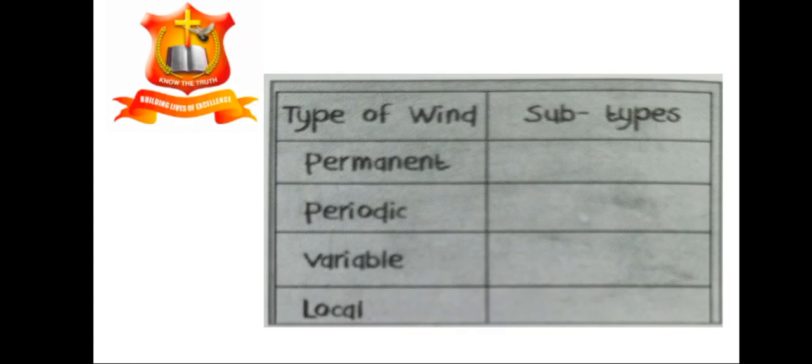You will divide your notebook into two parts. Notebook in the sense you will draw the table like this, not separate it. Okay, types of wind. In types of wind, you will write down permanent, periodic, variable, and local winds. After that, you will note down the subtypes.